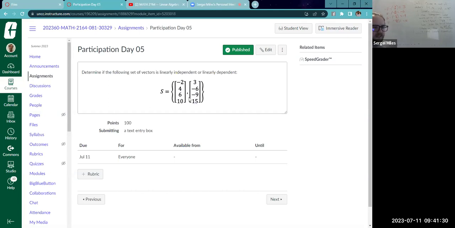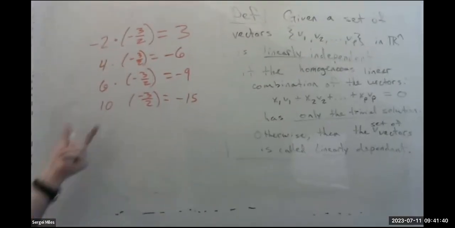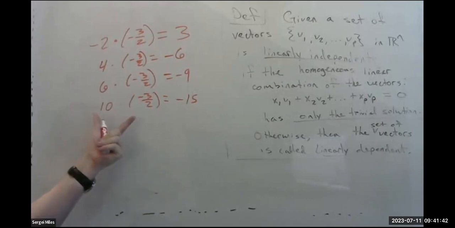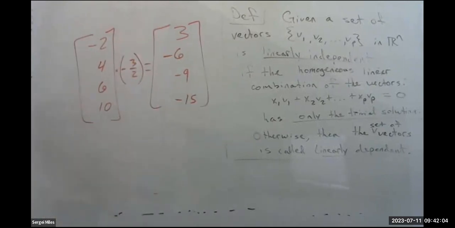This tells us that the second column vector is not a multiple of the first vector. I'll turn off the screen share again so you can see what I'm talking about here. In order for these two vectors to be multiples of each other, you can imagine taking this column and multiplying it by something to get the other column vector, right?